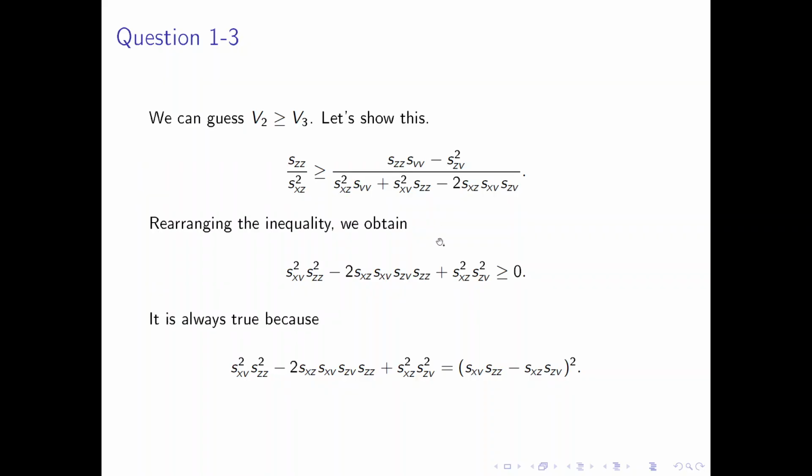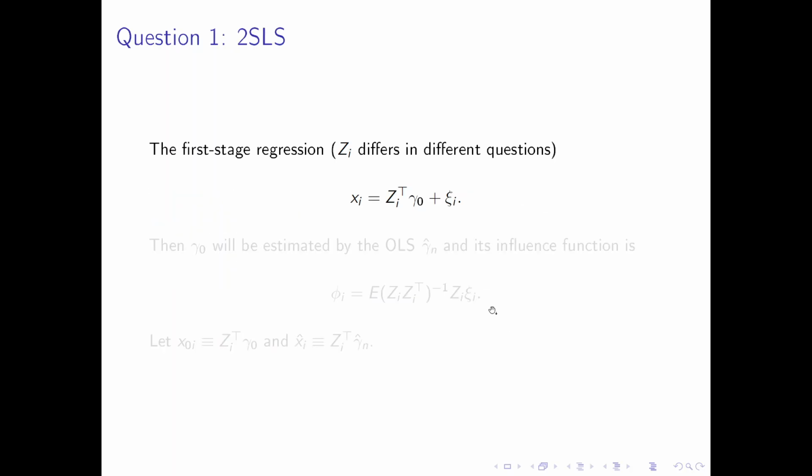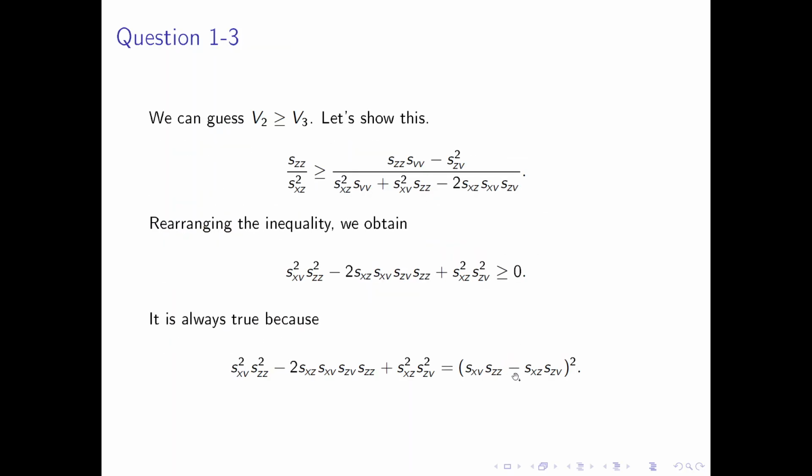Now then, it is interesting. So then, like this is a square, then V2 equals V3 if this was 0, right? If this was 0, then like inside the square was 0, then it will hold with equality, right? So we will discuss that later. Remember this. So V2 will be strictly greater than V3 if it was not equal.